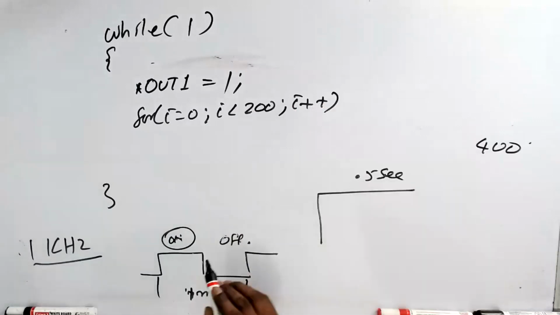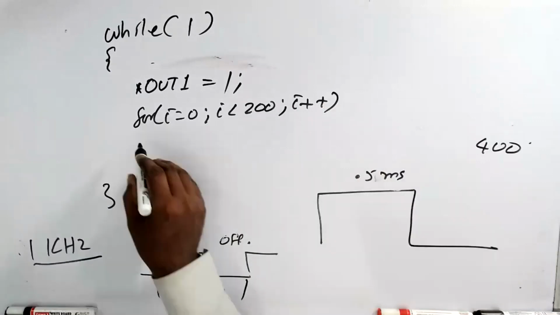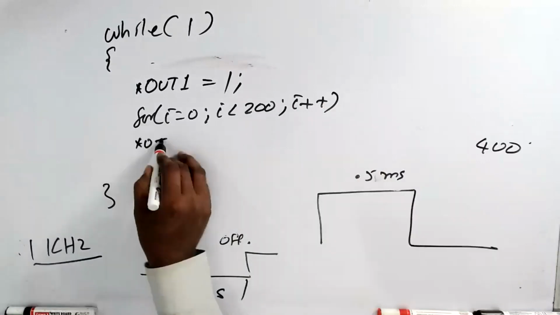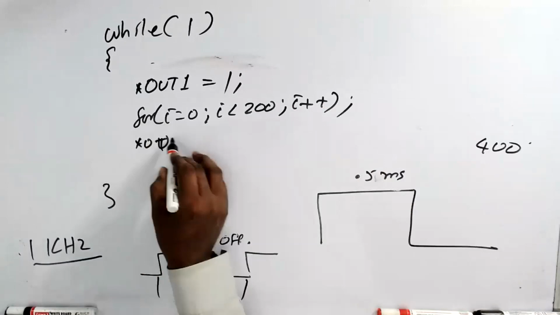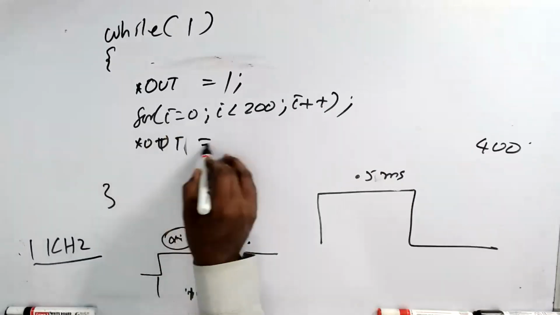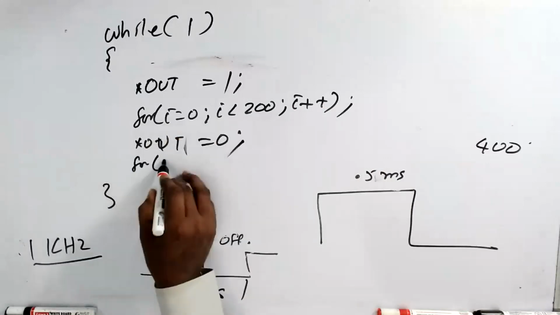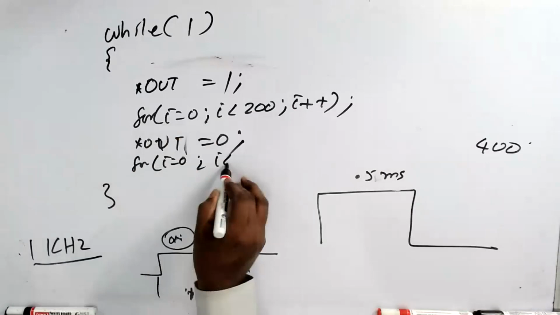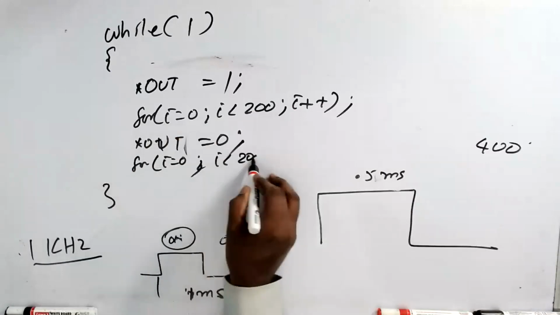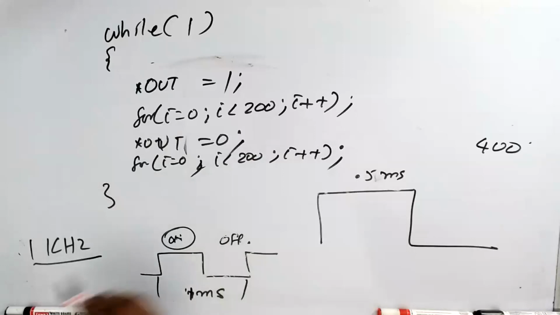Then off time, out equal to 0. Then for I equal to 0, I less than 200. Now I make off time. Now once again on time, this loop. So you may think, how do you check that?